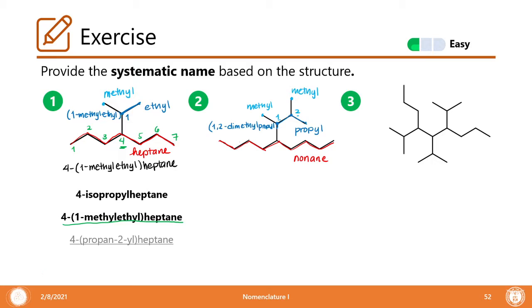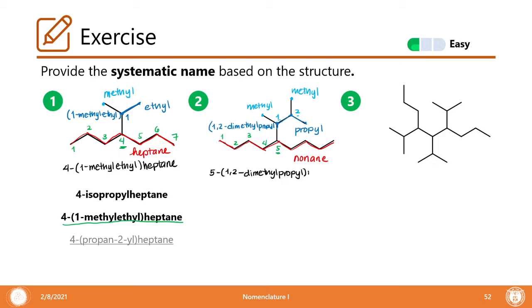I will do the numbering: 1, 2, 3, 4, and 5. So at position 5, we have 1, 2 dimethyl propyl.